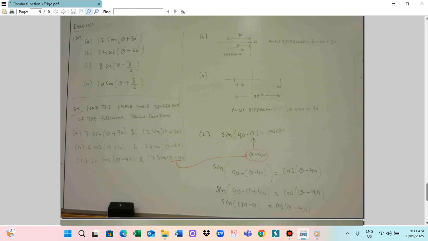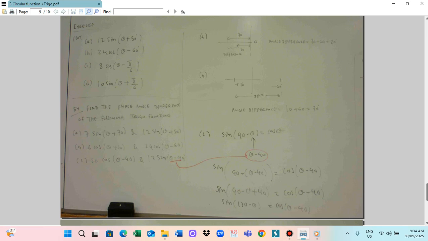And now see, these are two different functions. Cos theta minus 40 and sine theta minus 40. So in this case, you have to equalize. So how to do it? We use the formula, cos and sine conversion. Sine 90 minus theta is equal to cos theta. This is the formula.